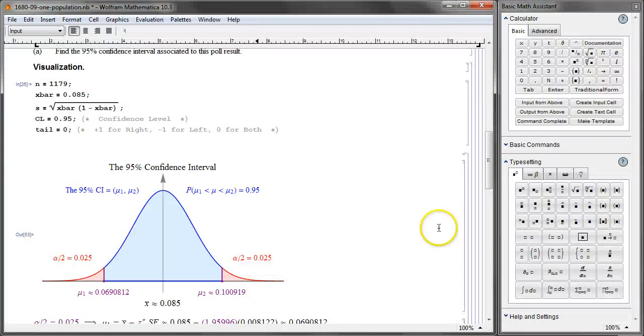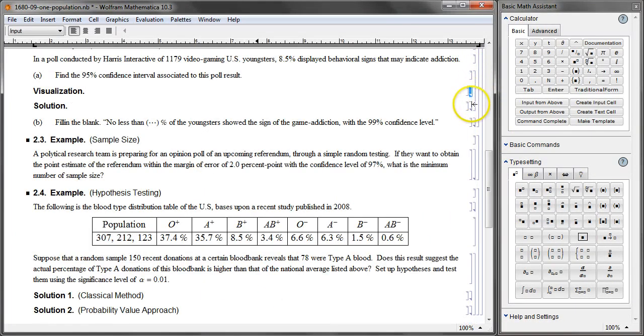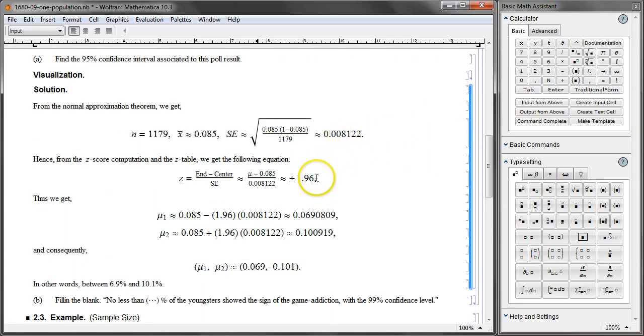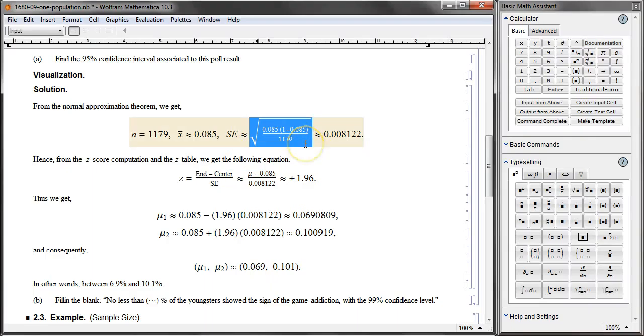Consequently, we end up with this equation here. Z-score, which is x minus center over standard error, is equal to plus or minus 1.96. Now, what is the center? 0.085, 8.5%. And what about the denominator, standard error? Well, we have to calculate it using the binomial formula, square root of pq over n.